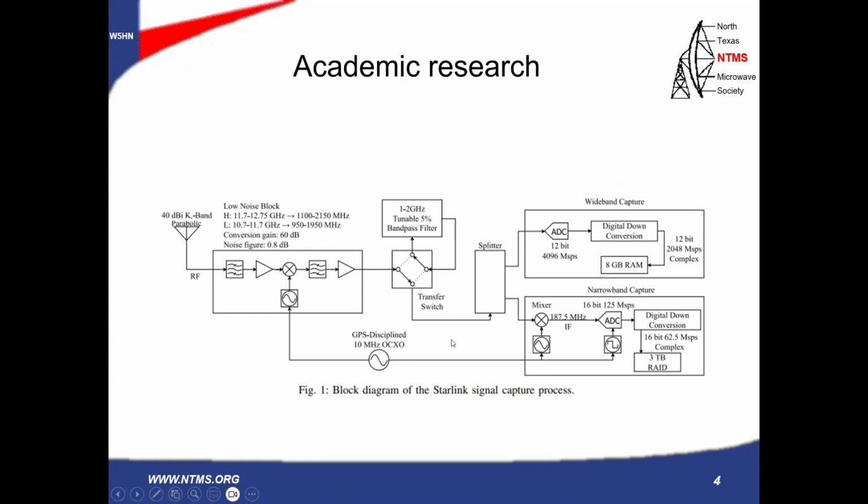Out of that comes a 1 to 2 gigahertz tunable 5% bandpass filter, a splitter, and then both a wideband capture and a narrowband capture. There is a GPS 10 MHz OCXO feeding back in as a reference on the low noise block.